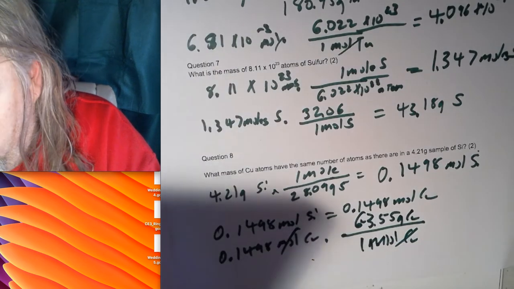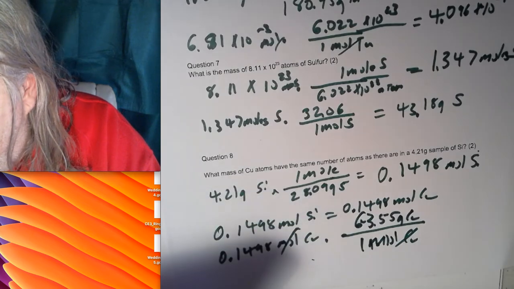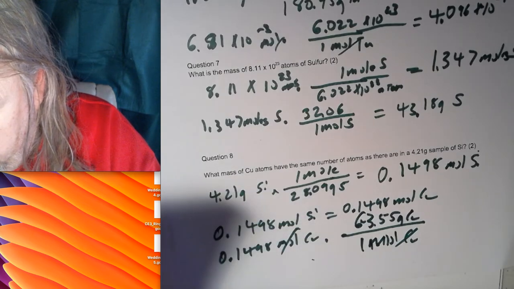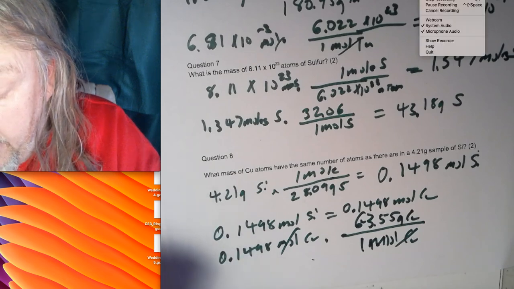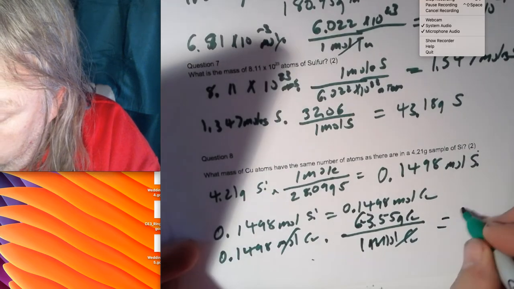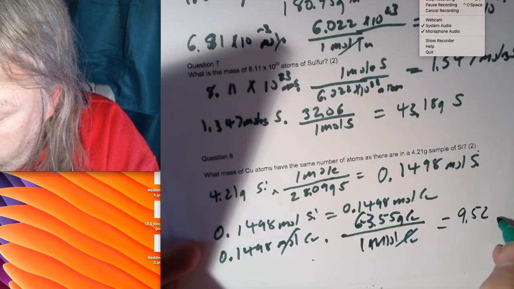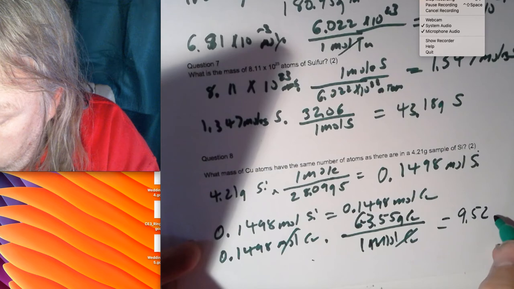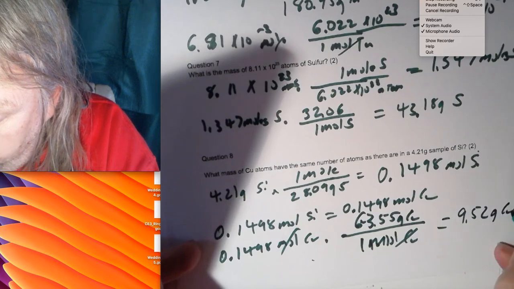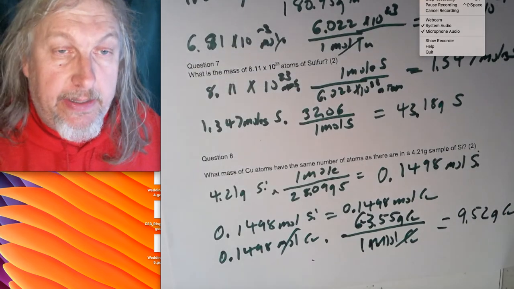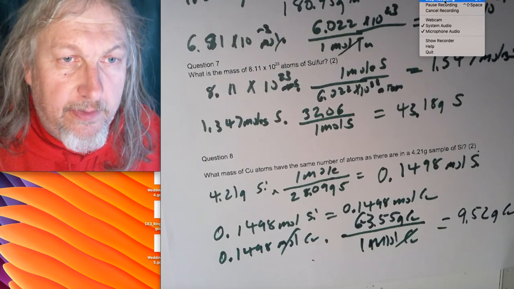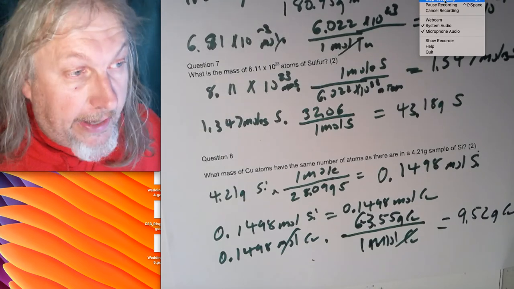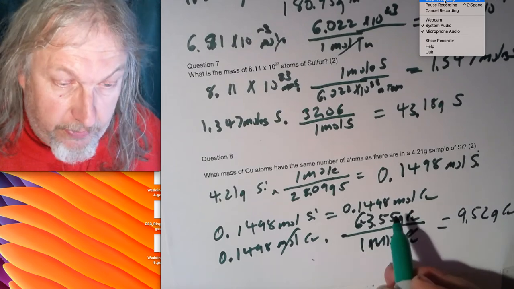All right. 0.1498 times 63.55, I get 9.52 grams of copper. And what that means is it's going to have the same number of atoms because the moles are the same.